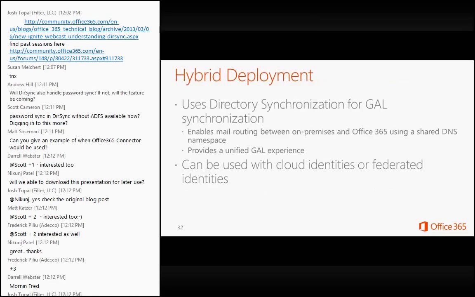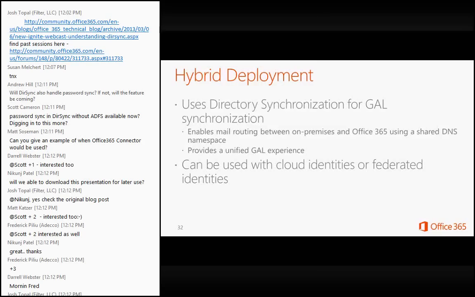Yes. And that's the same for a hybrid deployment. As we just mentioned, directory sync is a requirement for hybrid, so we won't be able to set up and configure hybrid without having directory sync in place. As we go through the install of directory sync, we can select that we also want to do the write back, so the rich coexistence, and essentially just give us a unified GAL.